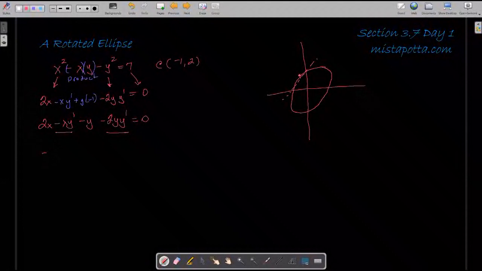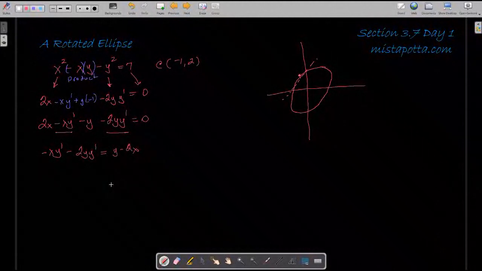So I'm going to have negative xy prime and negative 2y y prime remaining. The y will get moved over, becoming a positive y, and the 2x will be moved over, becoming a negative 2x.